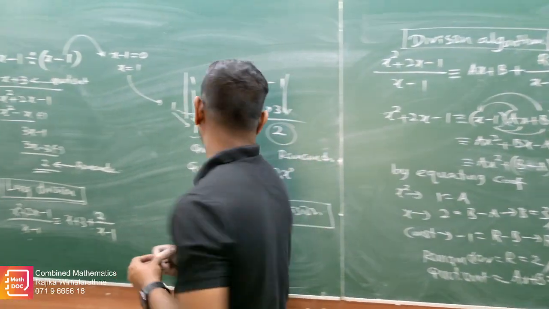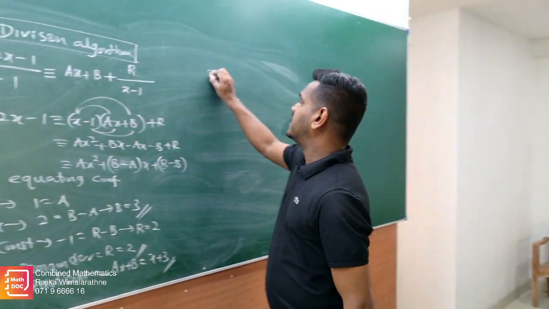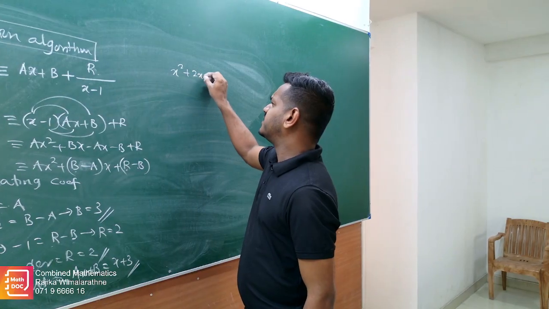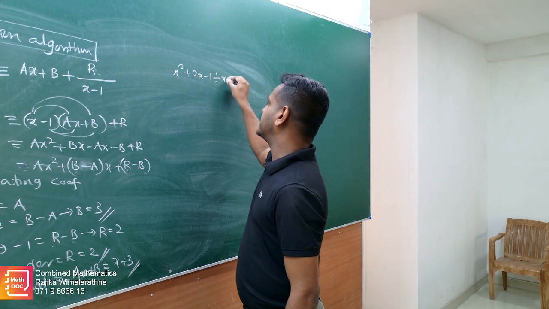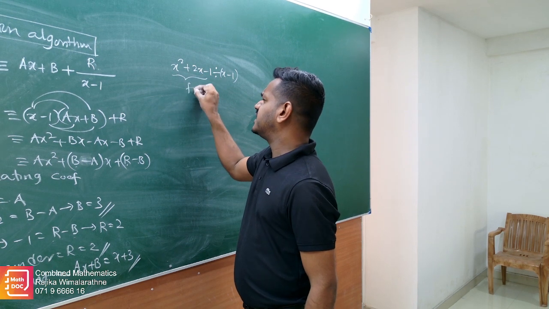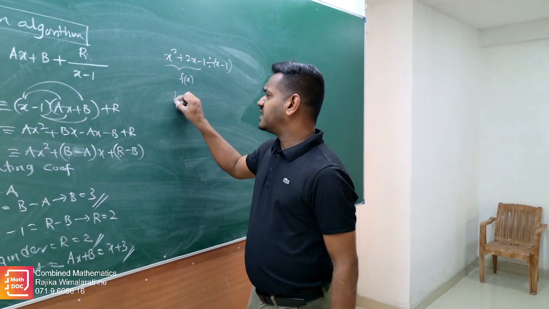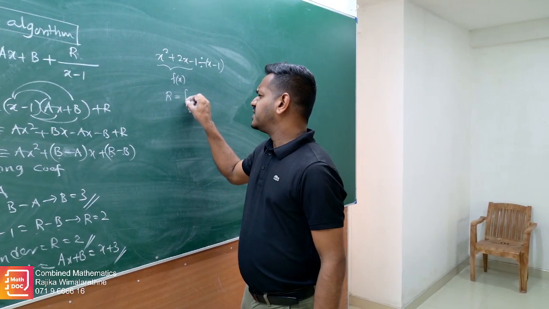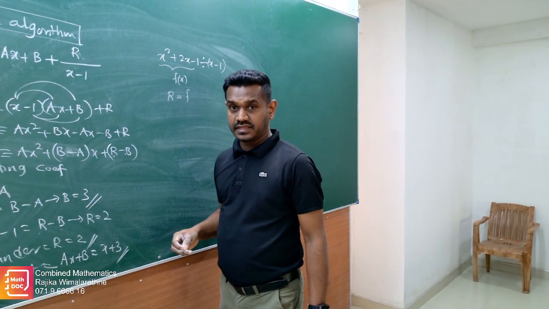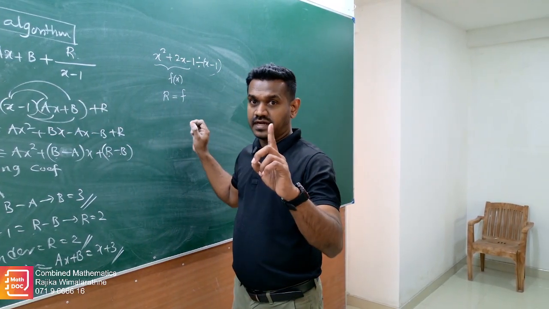Let's see that. You come to here: x squared plus 2x minus 1 is going to be divided by x minus 1. Say the function is f(x). Then by the remainder theorem, take the factor's zero value, which is 1.